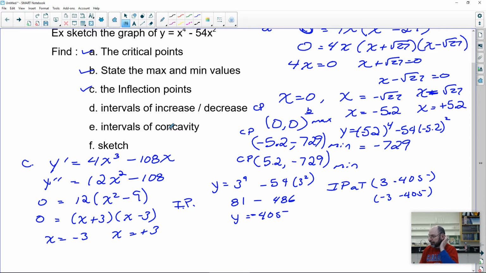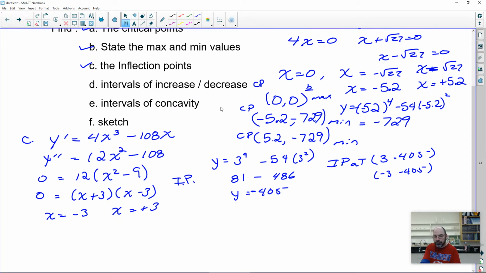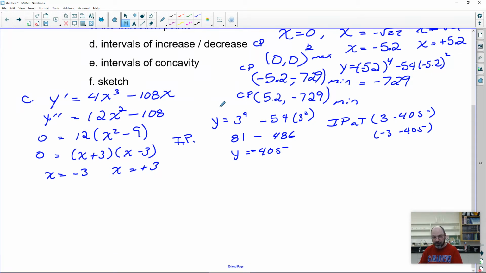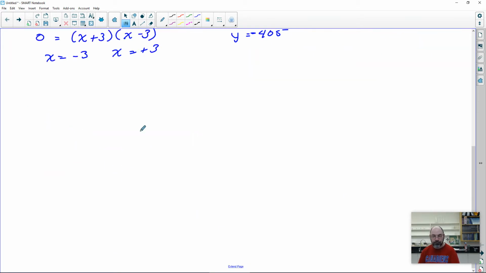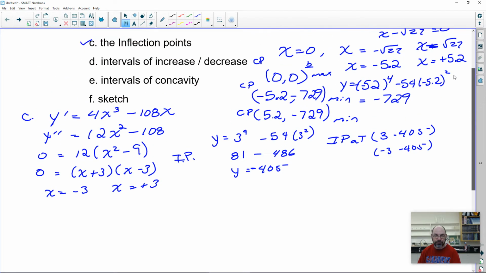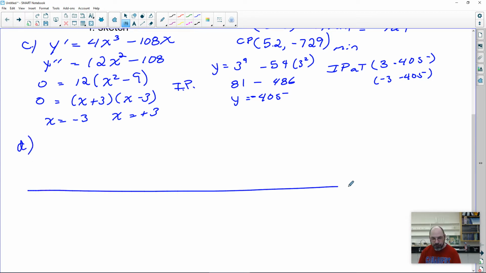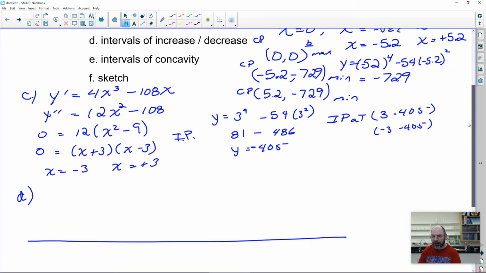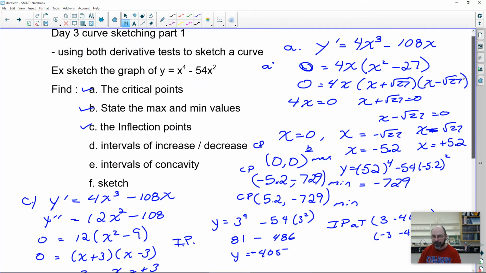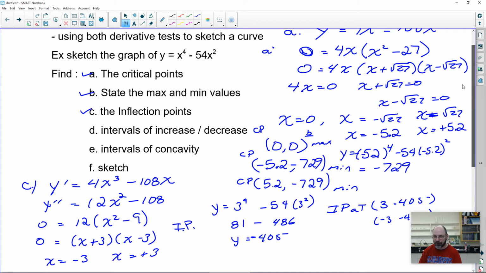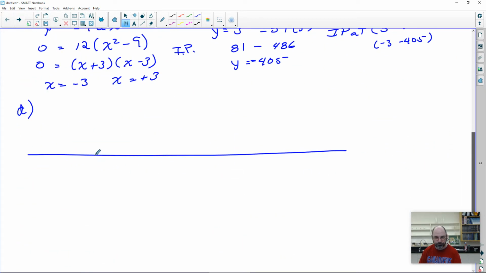All right, so let's do our intervals of increase and decrease. We'll do a sign analysis of the first derivative. Let's make sure that we do it in the right row here. If we look back at our first derivative up here, we had 0, negative 5.5, and positive 5.5, or 5.2.